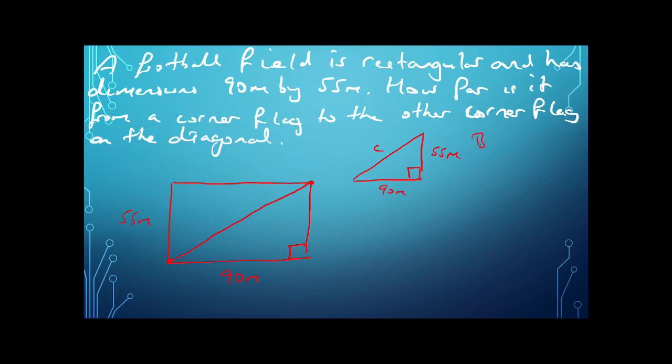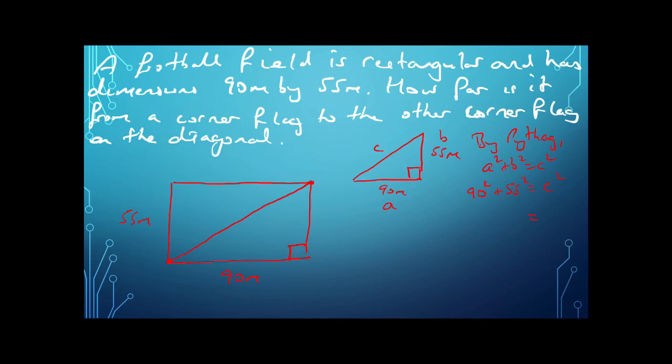So again, I'm going to tell people what I'm doing. I'm using Pythagoras. I'm going to write down the formula. a squared plus b squared is equal to c squared. In this case, a is 90, b is 55. So it's going to be 90 squared plus 55 squared, and that gives us c squared. So I'm going to go to my calculator: 90 squared plus 55 squared.